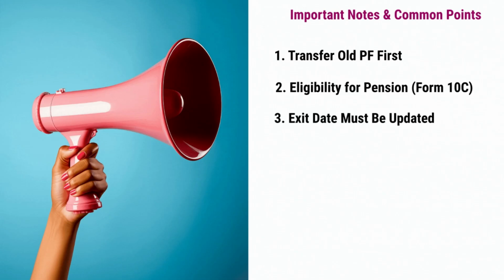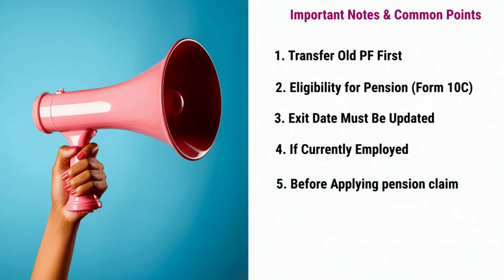Exit date must be updated. Your exit date must be correctly marked before applying for pension claim. If you are currently working, you are eligible only for partial PF withdrawal, not full settlement. Before applying for pension claim, make sure the following are completed: KYC approved, bank account verified, exit date updated correctly.